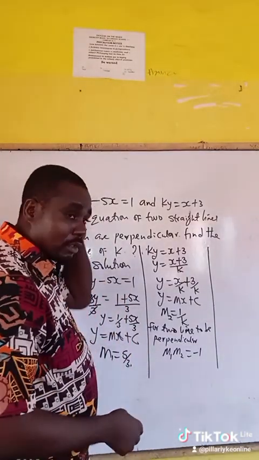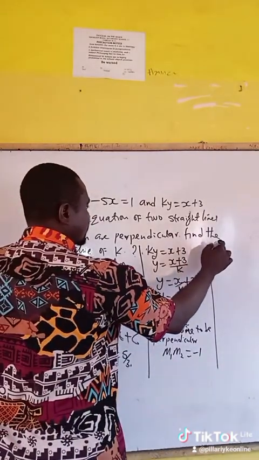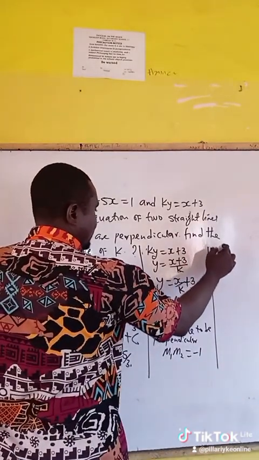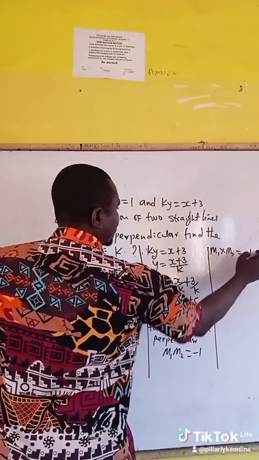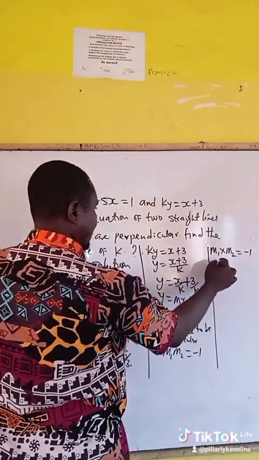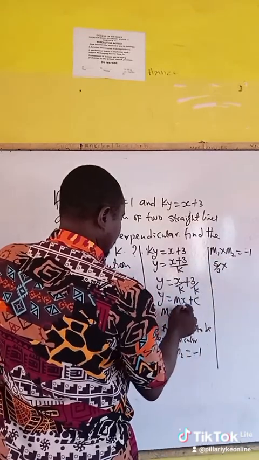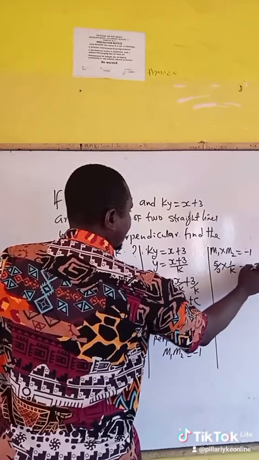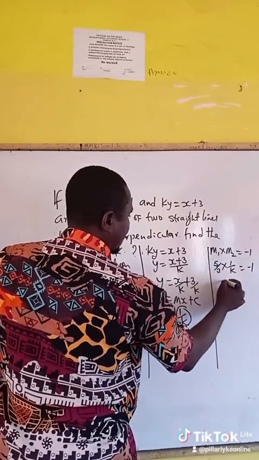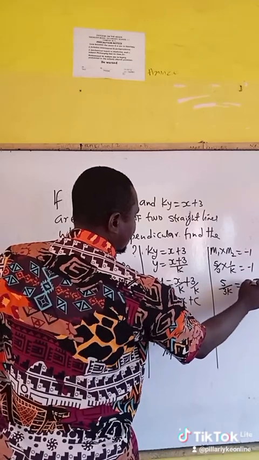Therefore, M1 times M2 is equal to -1. M1 is 5 over 3 times M2 which is 1 over k equals -1. So 5 times 1 is 5 and 3 times k is 3k, so 5 over 3k equals -1.